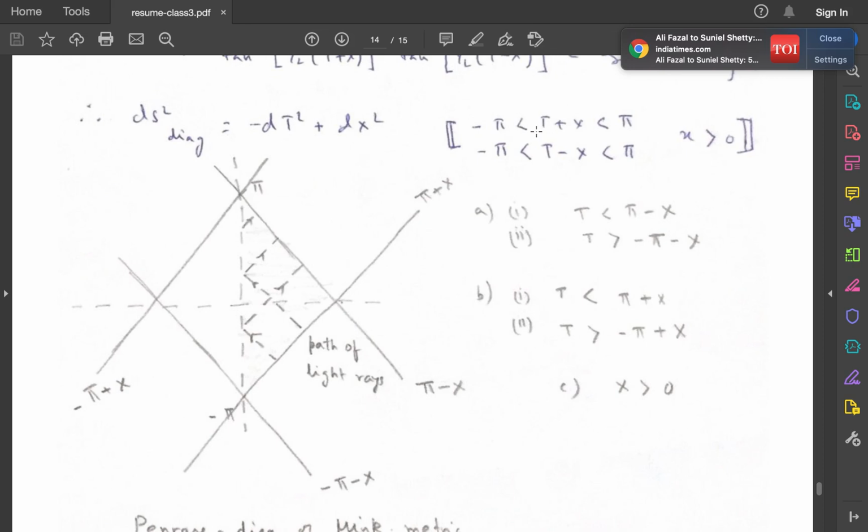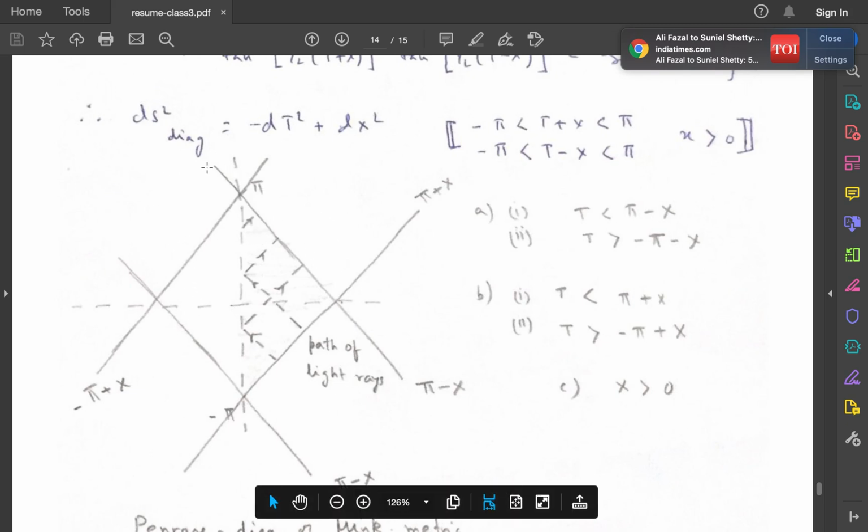Let us call this equation A, and this part is B. So t should be less than pi minus x. What is pi minus x? So this is the whole region which we should consider, t should be less than pi minus x.